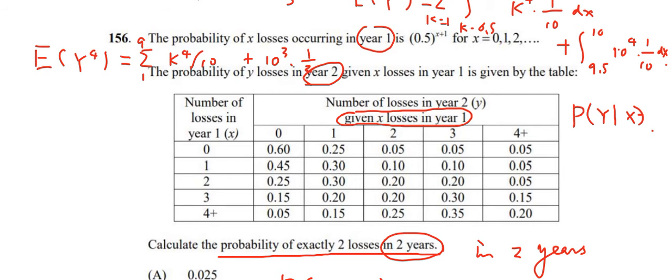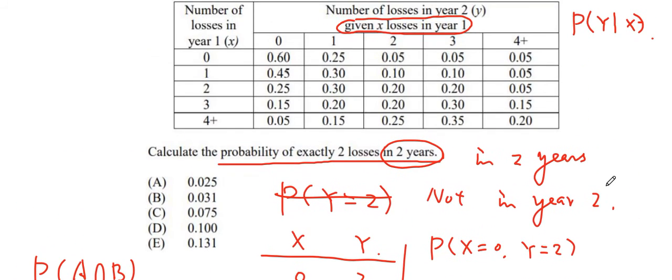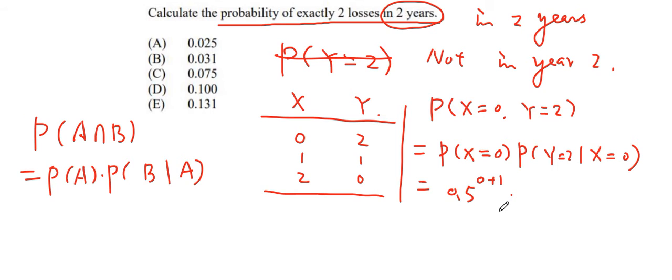So for x equals 0, this is 0.5^1, so it is just 0.5. So I just put in the formula with 0 plus 1. Then what is the probability when x equals 0, y equals 2? It is 0.05. Okay, so 0.05.